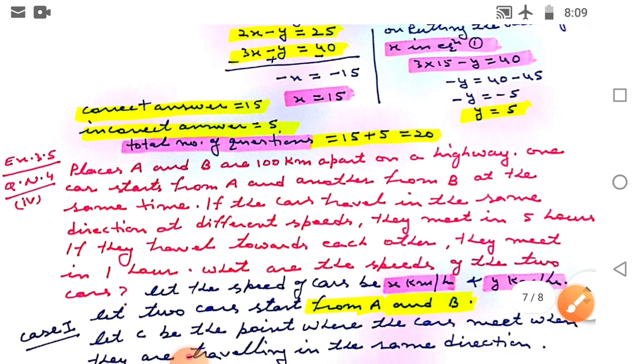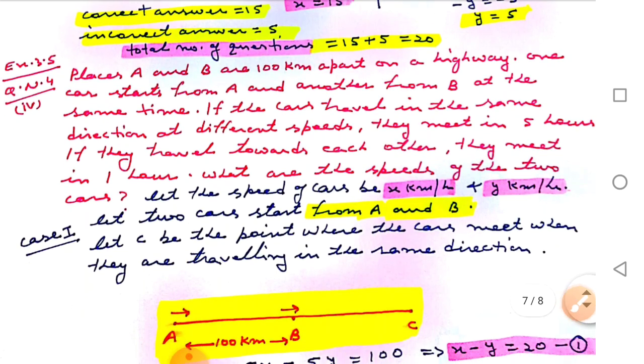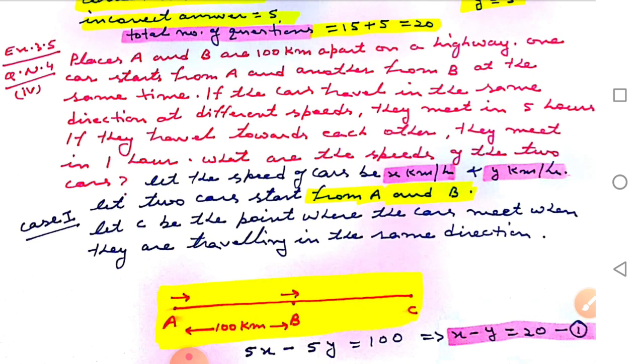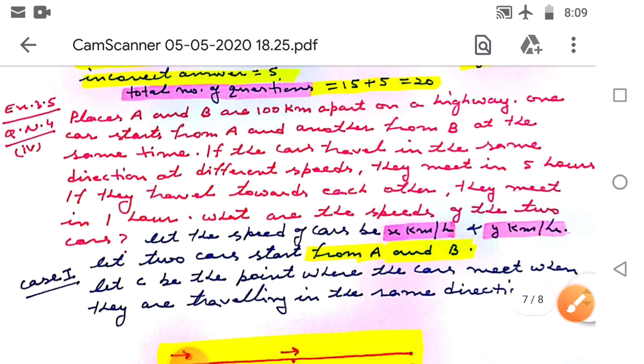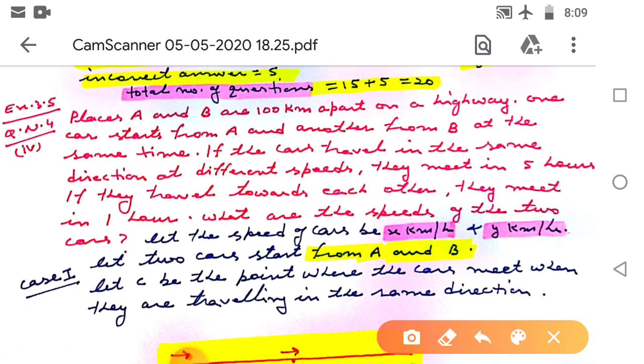Now come to the fourth part of question number 4. Look here. Places A and B are 100 kilometers apart on a highway. One car starts from A, another car starts from B at the same time.